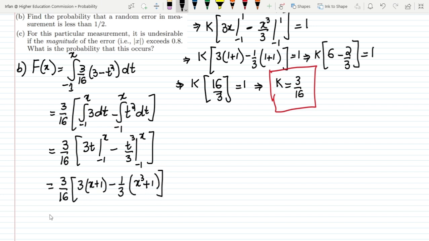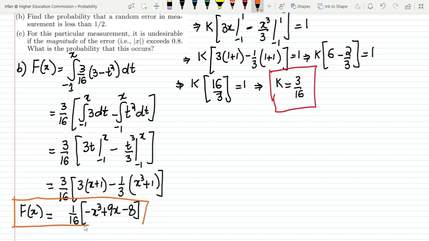Ultimately the answer will be 1 by 16 times (minus x cube plus 9x plus 8). That is F of x, and that is basically the cumulative function which I had to find out here.